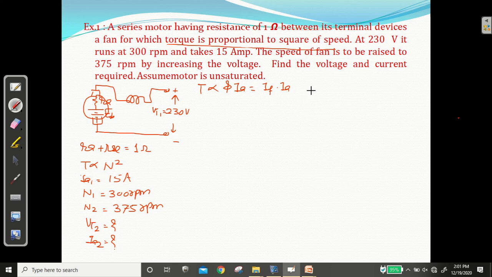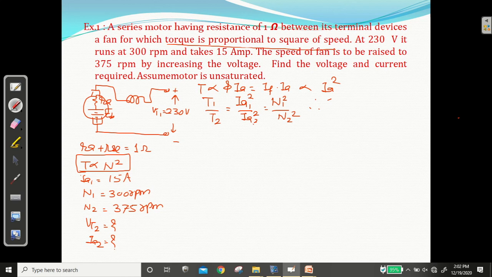In case of a series motor, it is proportional to IA square, because field current and armature current are both the same. So T1 upon T2 equals IA1 square upon IA2 square, which is proportional to N1 square upon N2 square. It is given that T is proportional to N square. So from here you can calculate IA2.